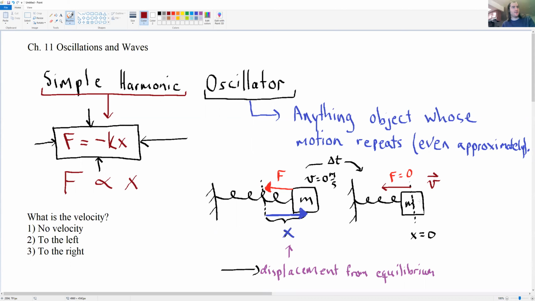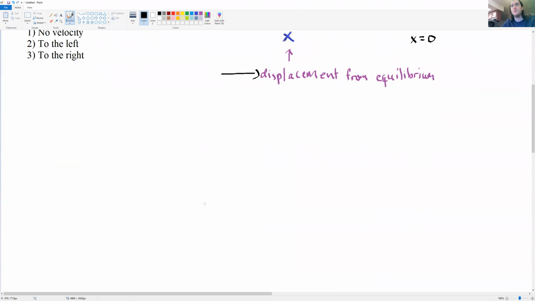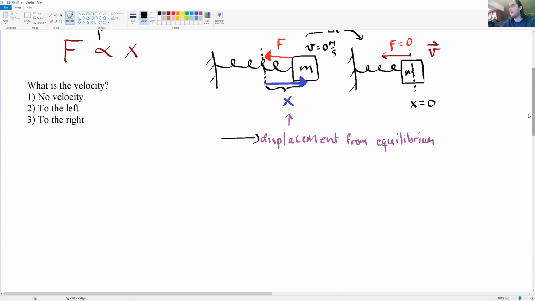Before we get to the value of the velocity, let's do a little bit of a recap. Actually, let's do the recap first. We're on Hooke's law. We've talked about Hooke's law before. So there's energy stored in a system like this.